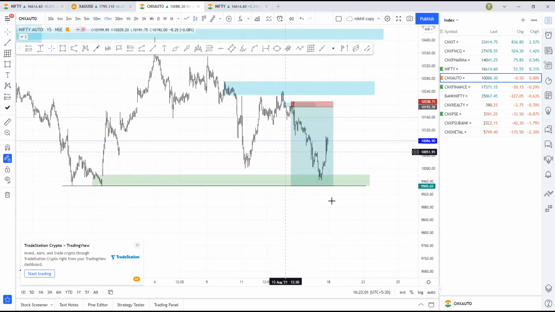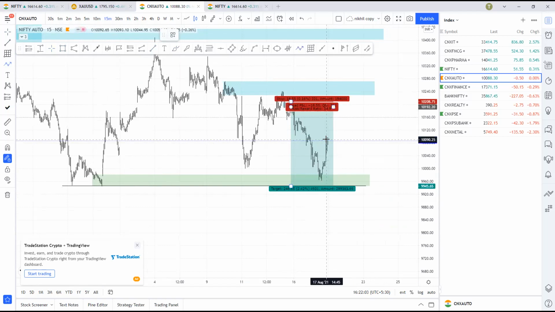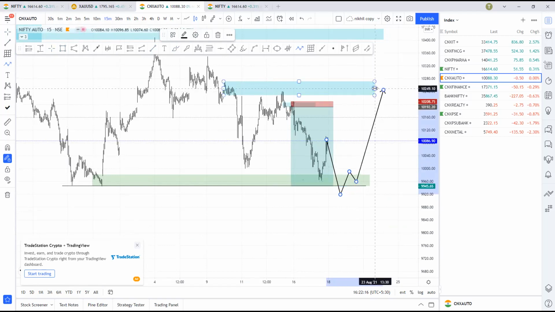So prices will push down, hit the liquidity and all the stop losses placed by retailers. The market makers do that. And then we can look for buying opportunities in the auto sector also. I guess Tata Motors looks really good right now to look for longs.